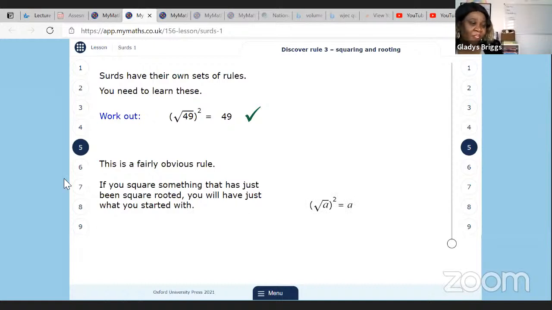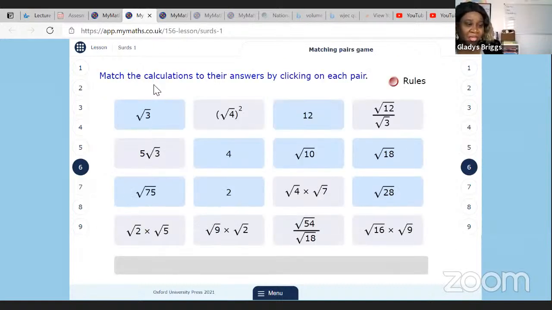Match the calculations to their answers by clicking on each pair. So now I'm going to write 1, 2, 3, 4, 5, 6, 7, 8.